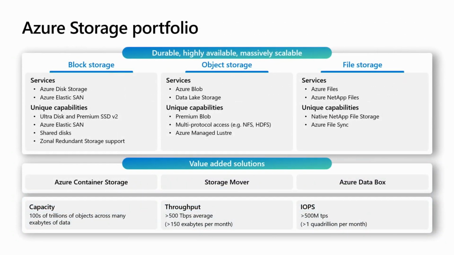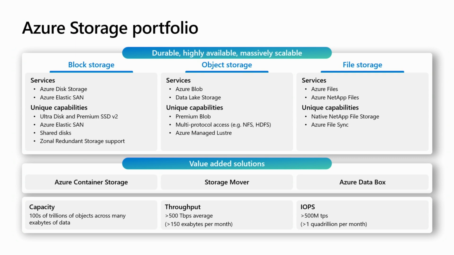So let's talk a little bit before we go into the details. The broader Azure Storage platform: we build and ship the block storage services, Azure Disks and Azure Elastic SAN. We ship the file storage services, Azure Files and Azure NetApp Files, and we also ship the Azure Object Storage Services, Blob Storage and Data Lake Storage.